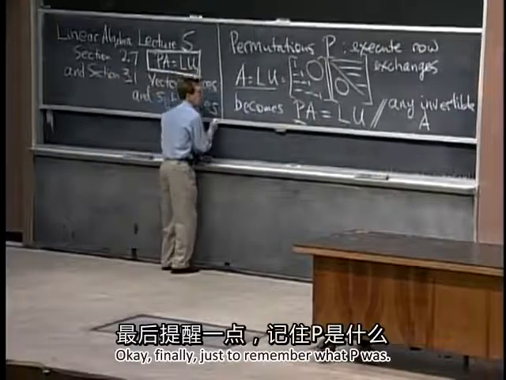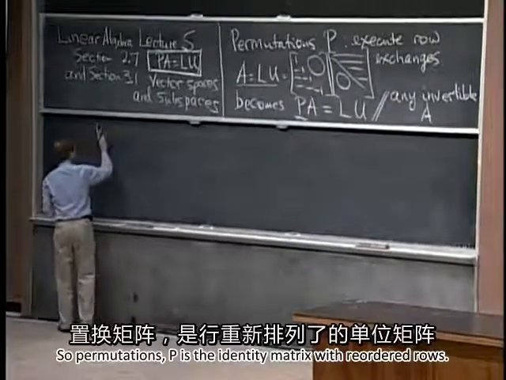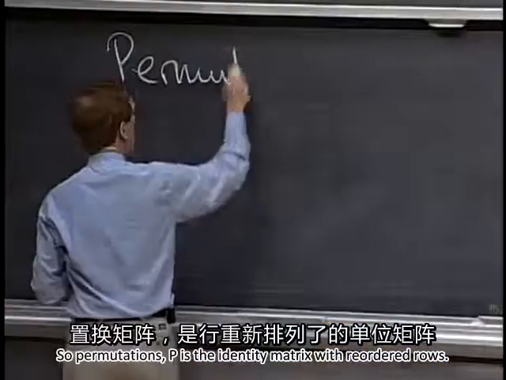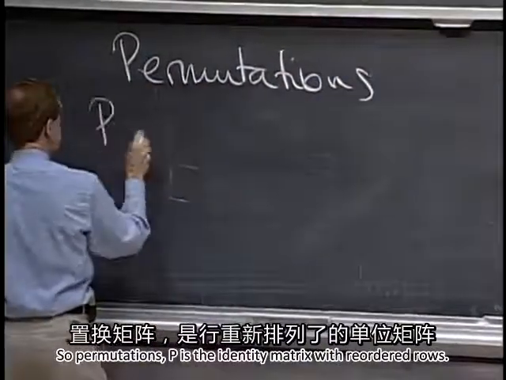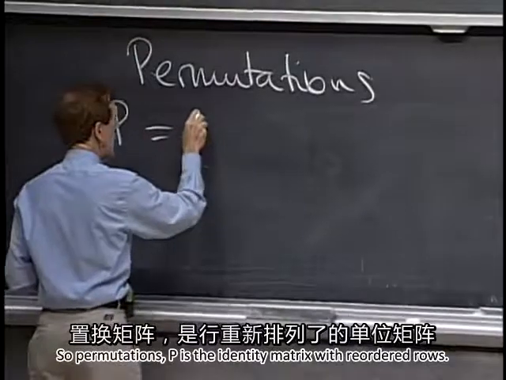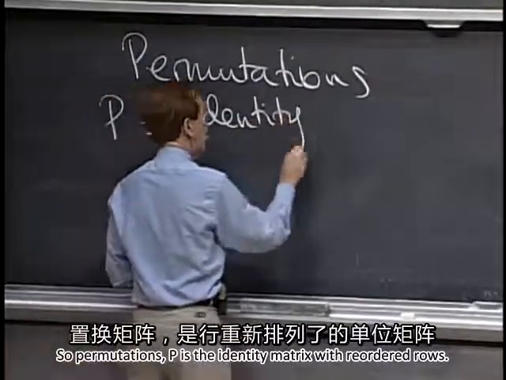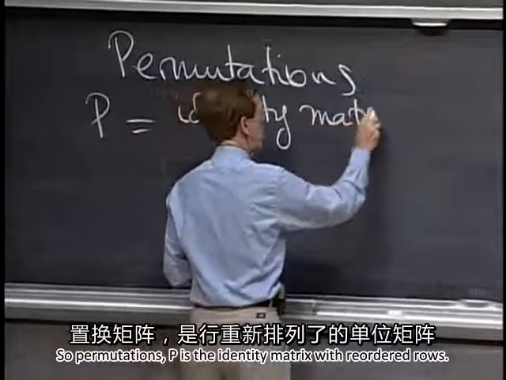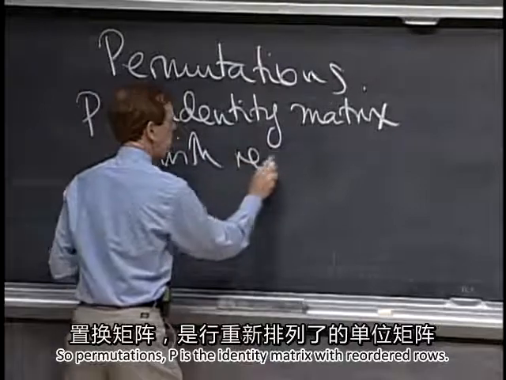Okay, finally, just to remember what P was. So permutations P is the identity matrix with reordered rows.